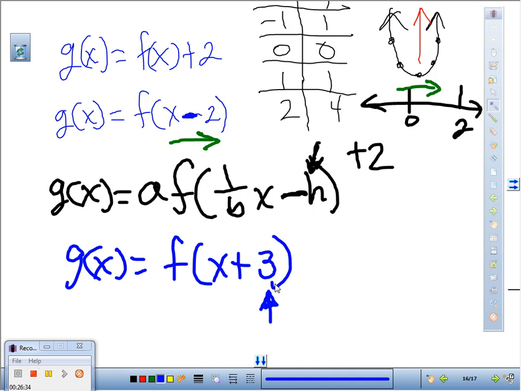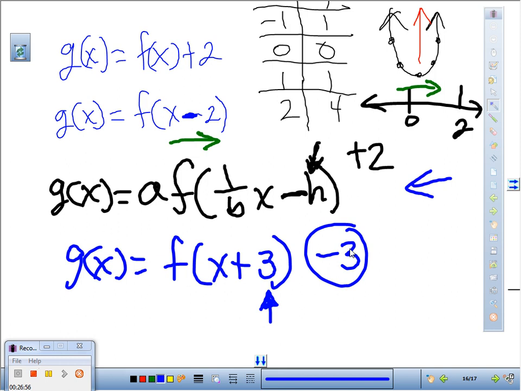Negative 3, because a negative times a negative becomes a positive 3. So if we substitute a negative 3, that means we move the entire function to the left, to the negative 3 spot of x, or 3 steps to the left.